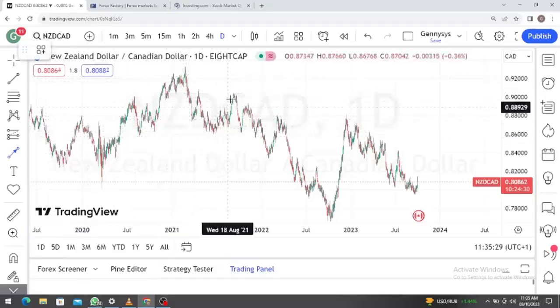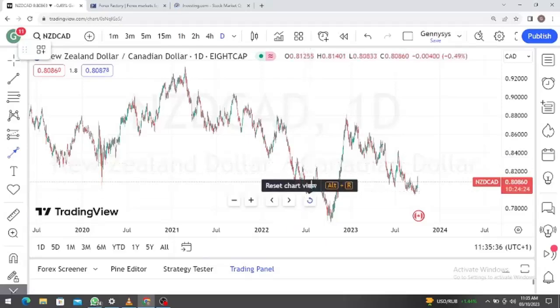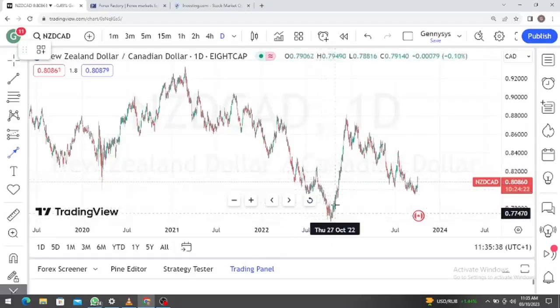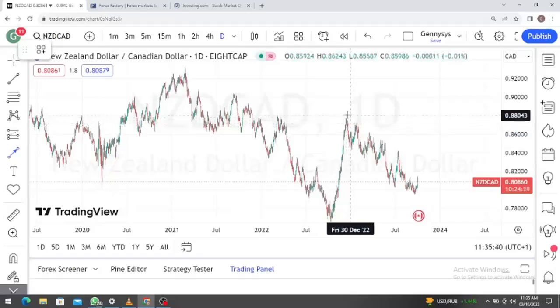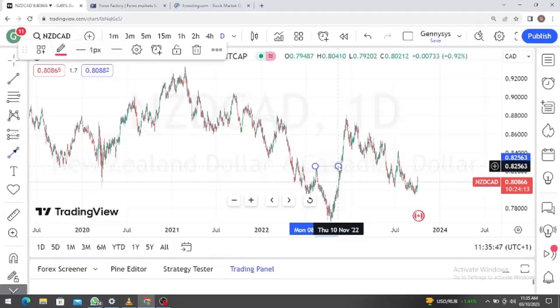Right, we have lower highs and lower lows being created, right? And then here we had a lower low, lower high, lower low, and a high that was higher than the previous high. So this is a break of structure, and mark that out.